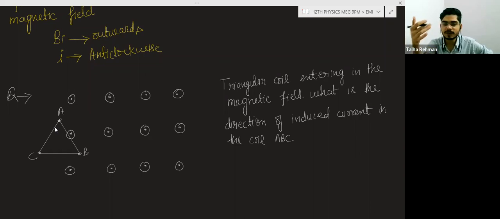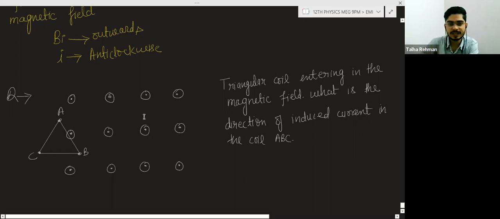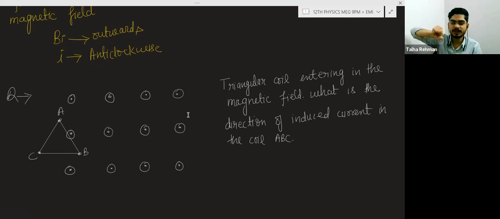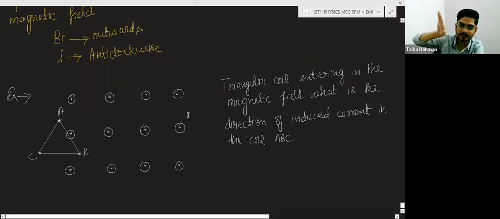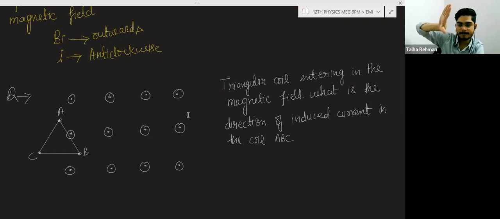So the magnetic field will be induced such that it opposes the change in the flux with the coil. So that magnetic field will be opposite to this outwards magnetic field. So a magnetic field will be induced in the inward direction. Okay. So when you apply the right hand rule, the induced magnetic field is inwards, and you curl your finger like this. So you will get the direction of the current like this.